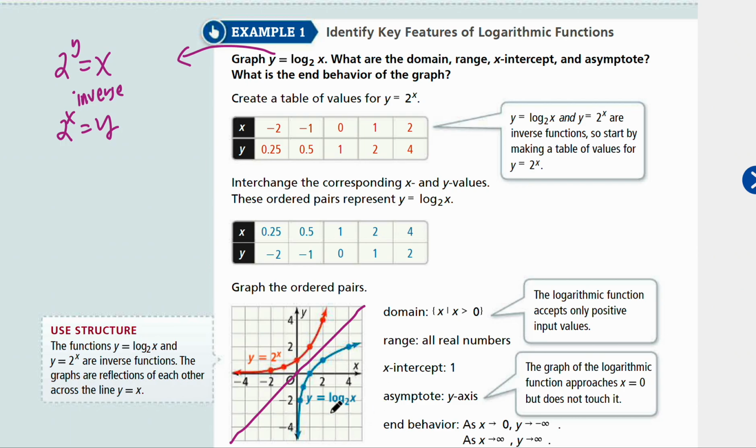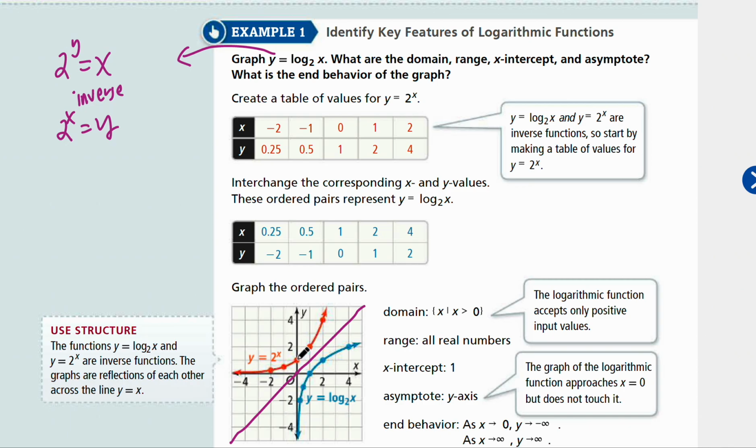So the domain for your exponential function is all real numbers, but that would be the range of your log function because it's the inverse, right? The range of the exponential function is all positive, so anything greater than 0, which is the domain of your logarithmic function. Because they're inverses, domain and range will be swapped. And then the x-intercept would be 1 instead of the y-intercept you have for the exponential function.